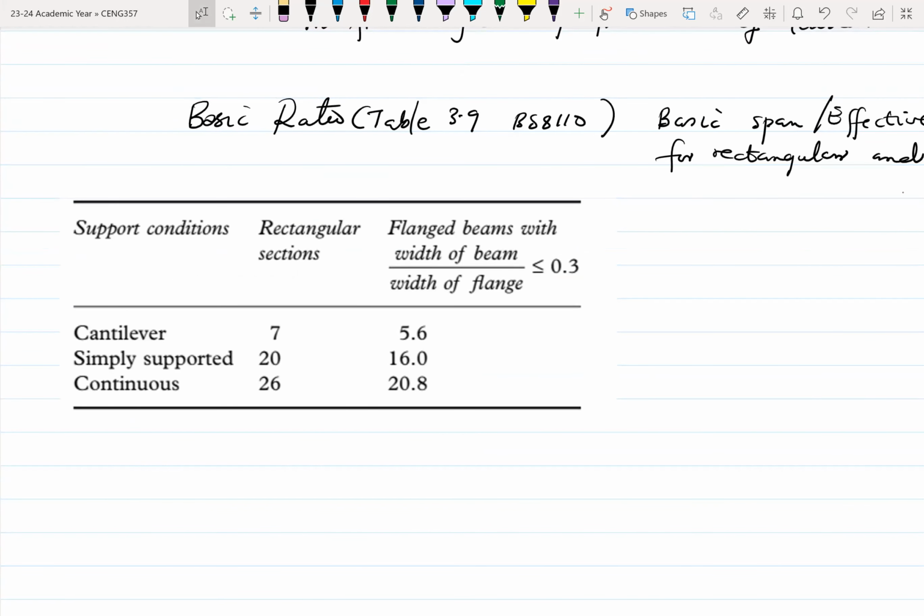Depending on what your support conditions are, if your beam is a cantilever, that basic ratio is 7. We'll see an example. If your beam is simply supported, then that ratio is 20. If your beam is continuous, then the ratio is 26. That's for rectangular sections, right?